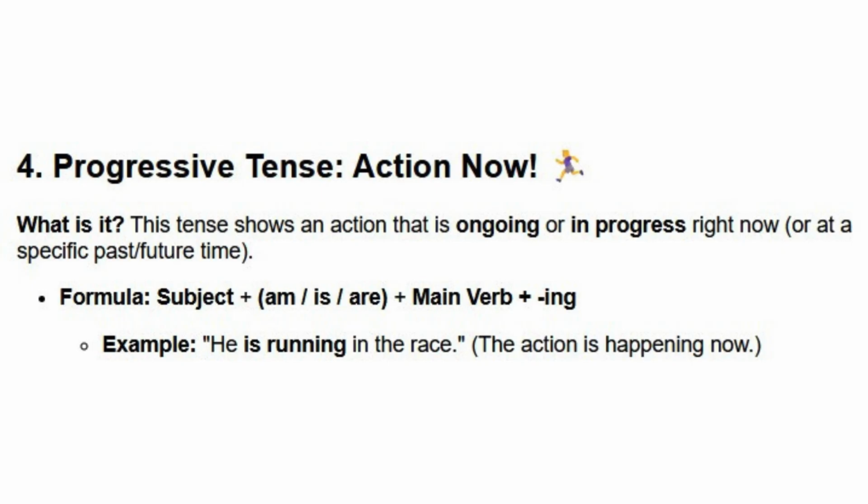Let's try one more. Here's the information. I read a book every night before bed. Now, I want you to use that information and rewrite it into your own sentence using one of our ing action verbs.